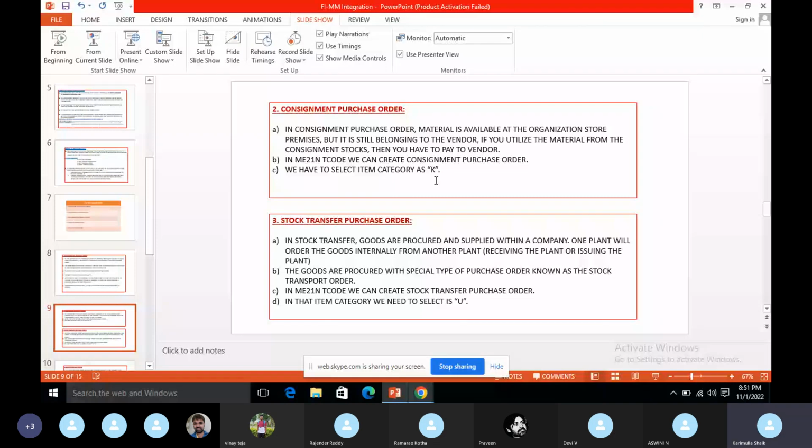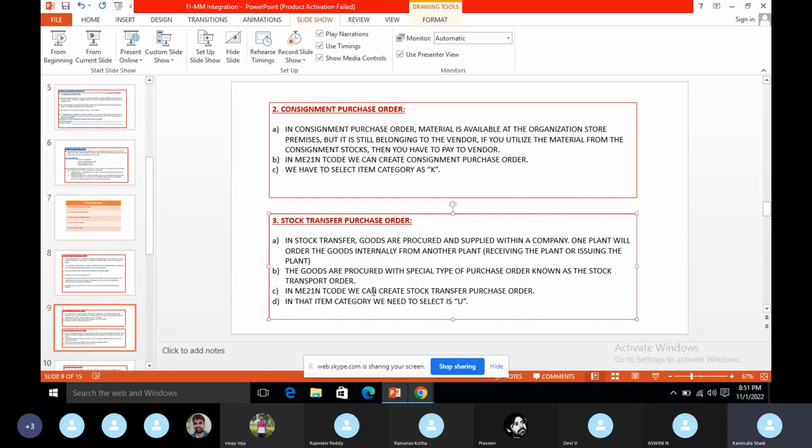Coming to stock transfer purchase order. In stock transfer, goods are procured and supplied within a company. One plant will order the goods internally from another plant, so there is a receiving plant and an issuing plant.